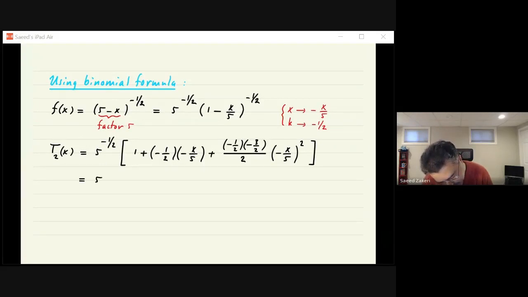That's 5 to the -1/2 times 1 plus 1/10 times x plus, what is this? That's 3/4, 3/8.